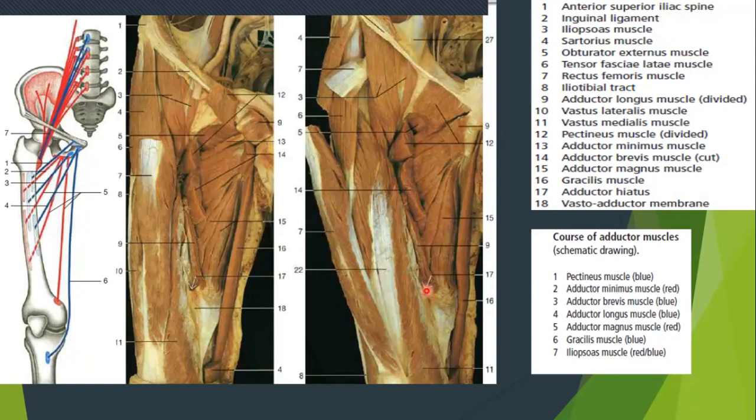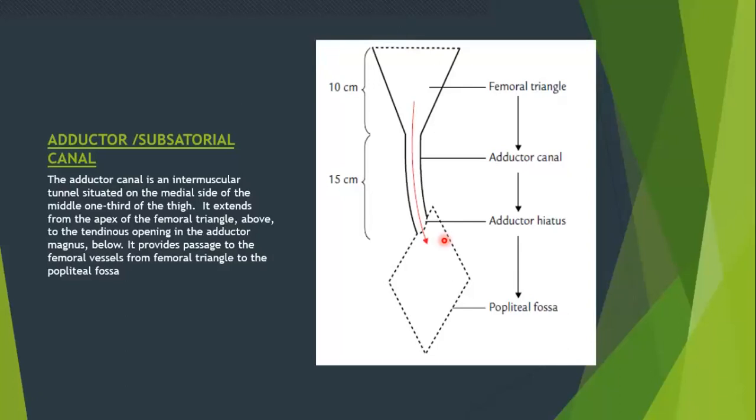And you can see here the opening in the adductor magnus muscle, known as the adductor hiatus, which allows passage of vessels and nerves. So that was the medial compartment of the thigh.